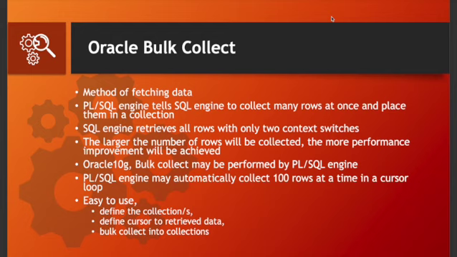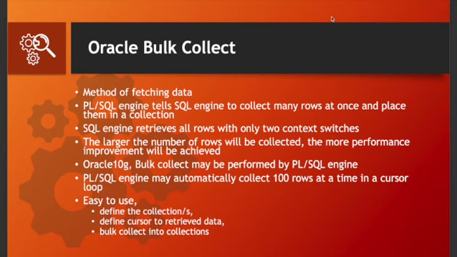Starting in Oracle 10G, an Oracle Bulk Collect may be performed by the PL/SQL engine for you. The PL/SQL engine may automatically use Oracle Bulk Collect to collect 100 rows at a time because of a cursor loop. This use of Oracle Bulk Collect allows your code to process rows without having to set up and execute the Oracle Bulk Collect operation.